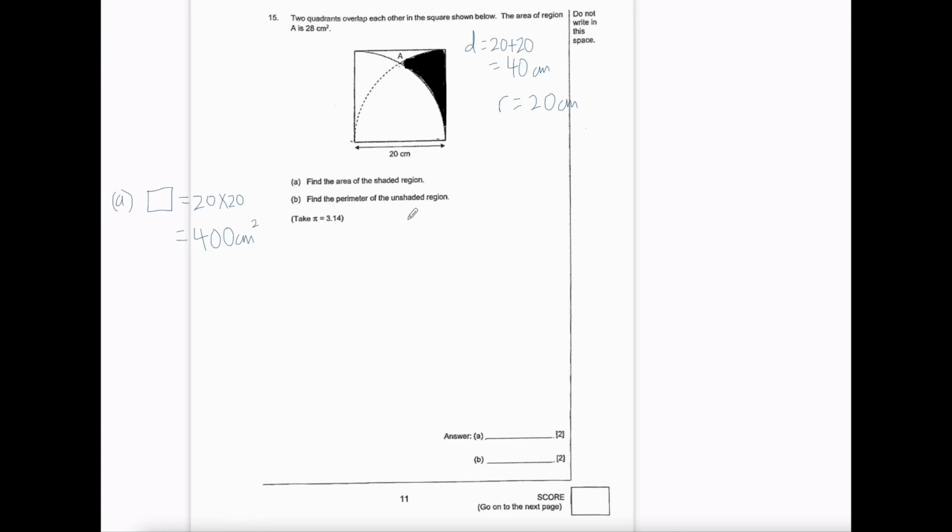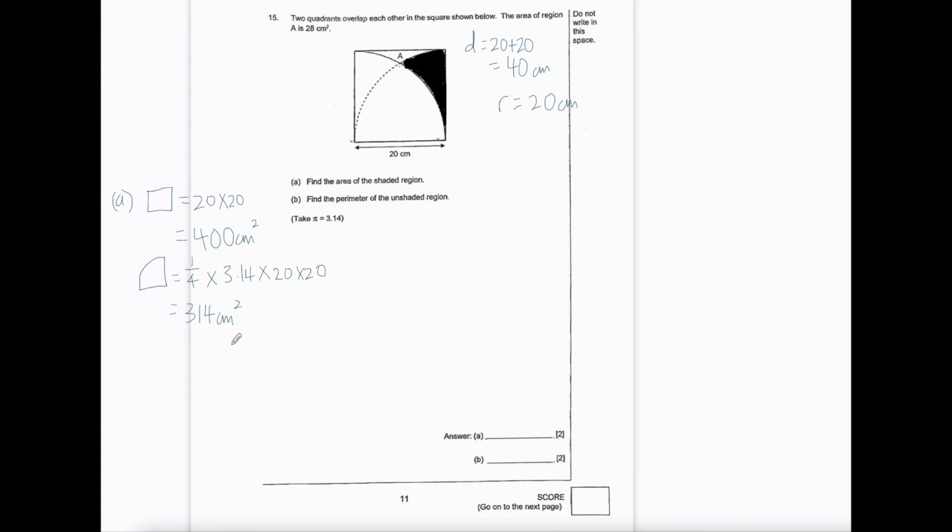Okay, and what's the area of one quadrant? It is 1/4 times pi, which is 3.14, times r, where r is 20. So that answer will be 314 cm².